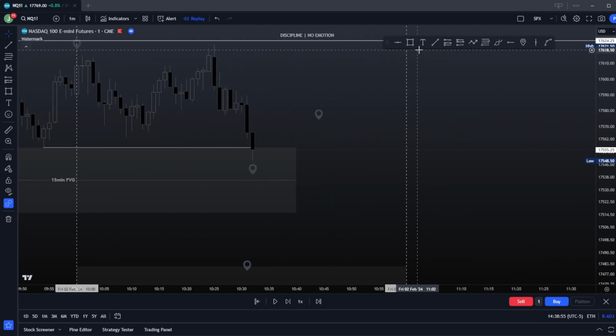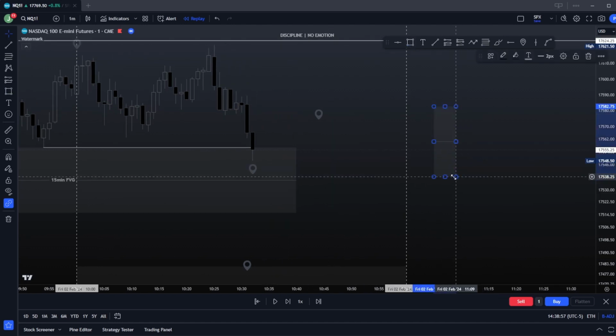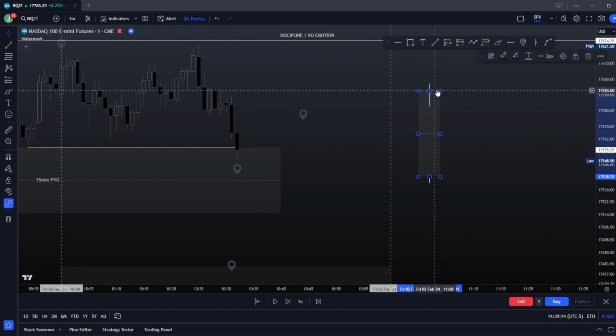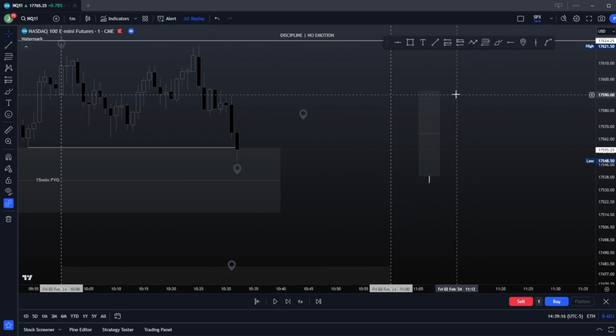Say you have a candle, an ugly candle, with a top wick and a bottom wick. Even better, let's make it a continuation candle.